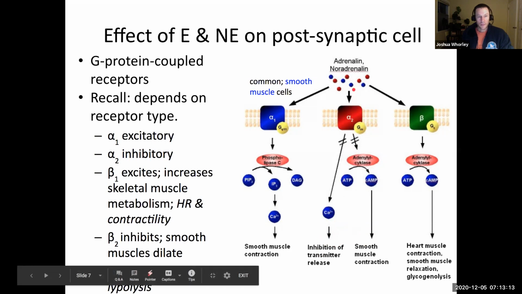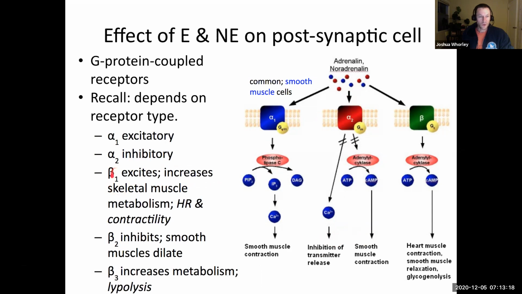Right? Beta receptors are more varied, but for example, when these neurotransmitters bind to beta 1 receptors, these are excitatory. So for example, and I mentioned this earlier, in terms of making skeletal muscle more ready to use nutrient reserves, some fibers synapse on skeletal muscle, and those muscles express beta 1 receptors, and these receptors increase skeletal muscle metabolism.